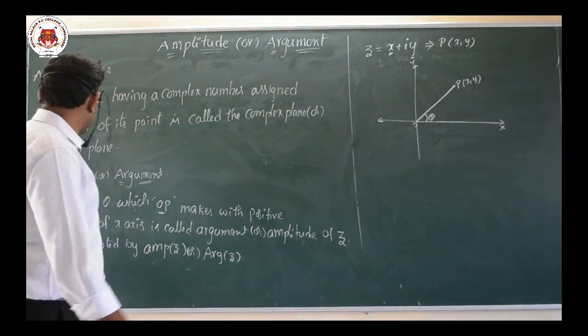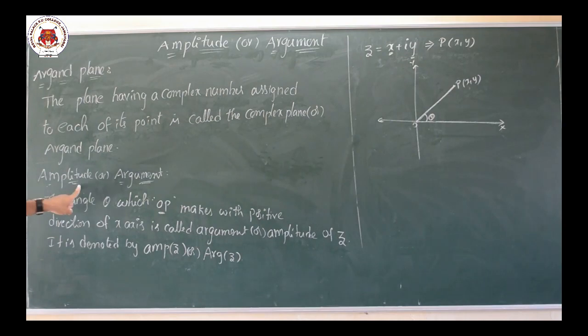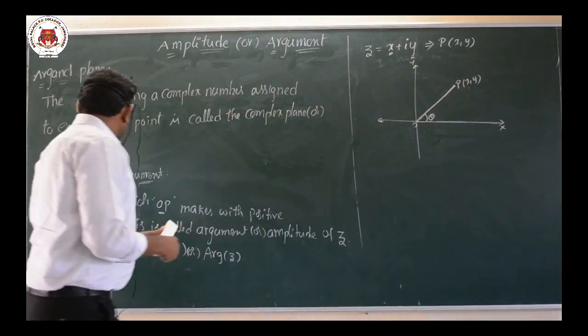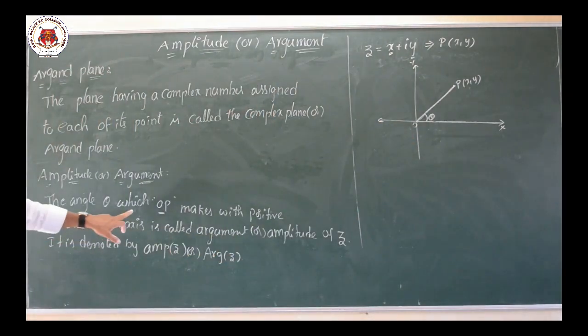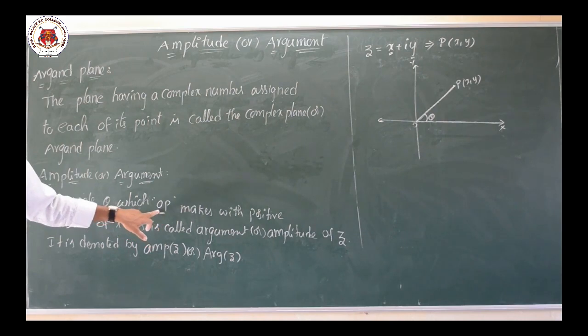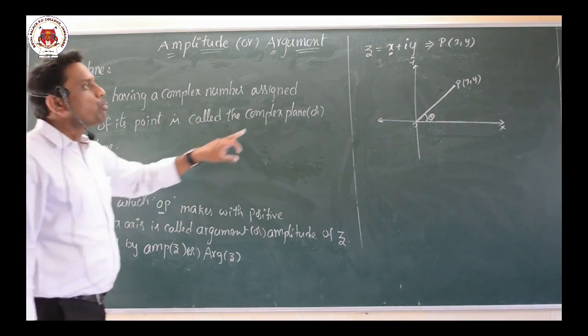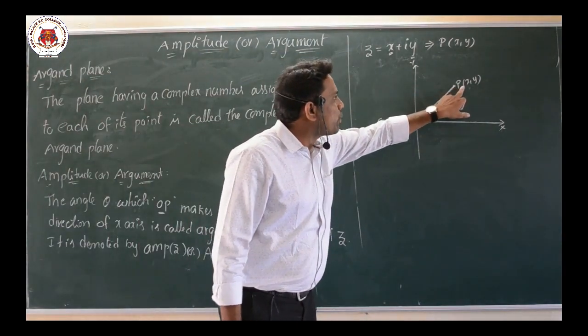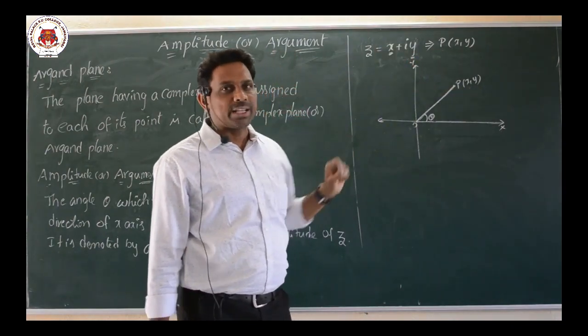Now come to the definition, my dear children. Here amplitude or argument, what is the definition? The angle theta which OP makes, here O means origin, P means a point. Whose point? This is a point which represents the complex number.